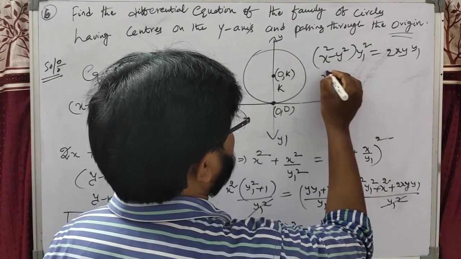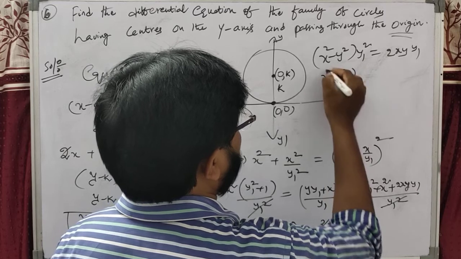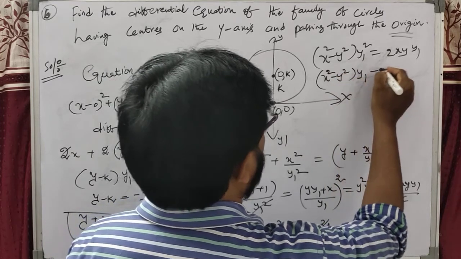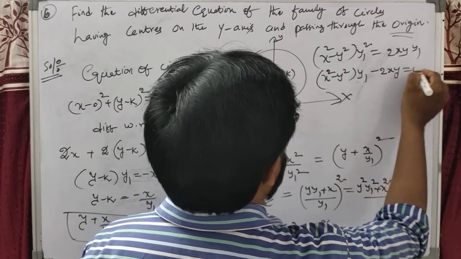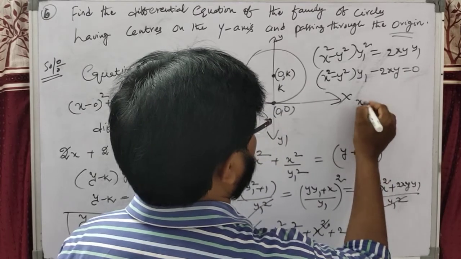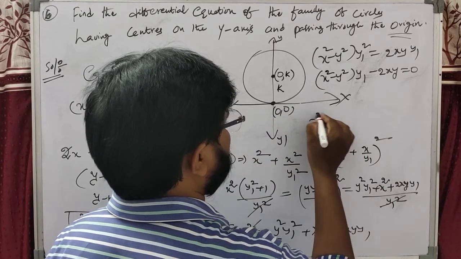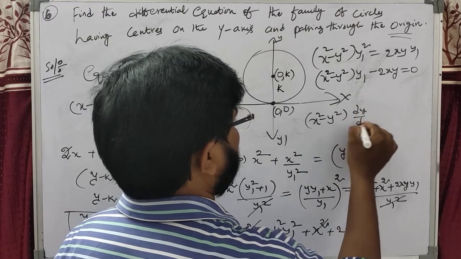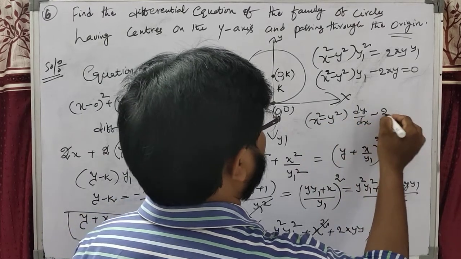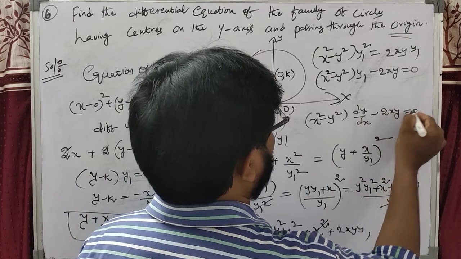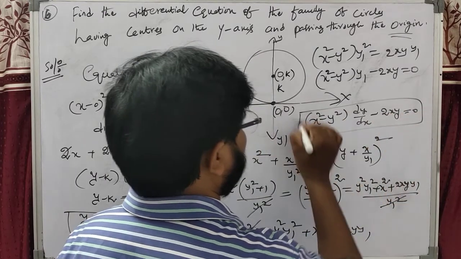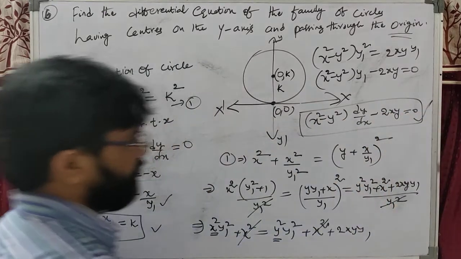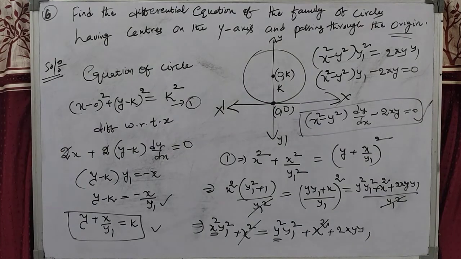Now this is, students, the x square minus y square y1 minus 2xy equal to 0. Now we can write the x square minus y square dy by dx minus 2xy equal to 0. This is the equation.